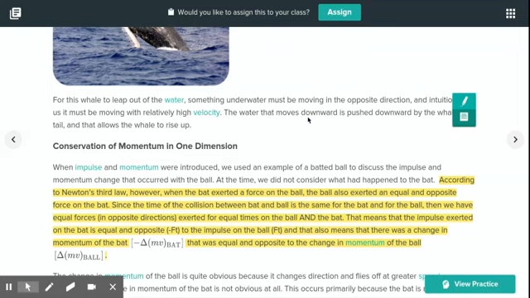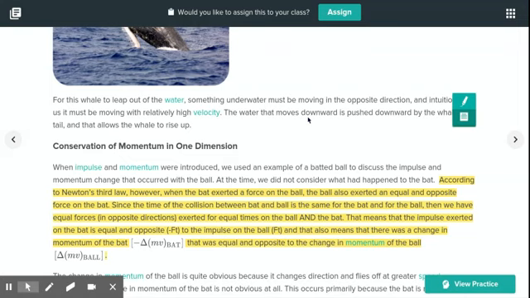So basically, what it was telling you is that when you hit the ball with a bat, of course, there are reaction forces. There are opposite forces, but equal, right? So remember, our change in momentum, which is impulse, is F times time, right?